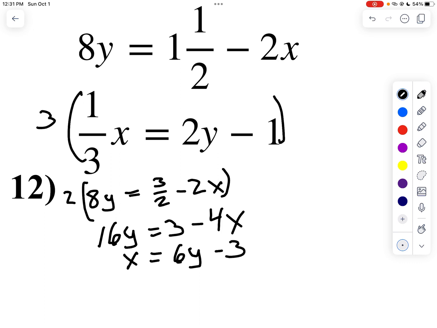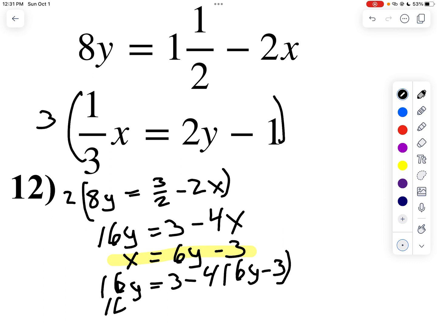Now, that one is set up for substitution because x is by itself. So let's rewrite that using substitution. My first equation is 16y equals 3 minus 4 times 6y minus 3. Now, let's distribute that. So 16y equals 3 minus 24y.